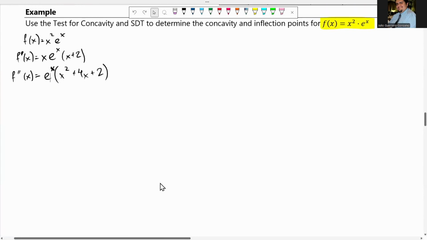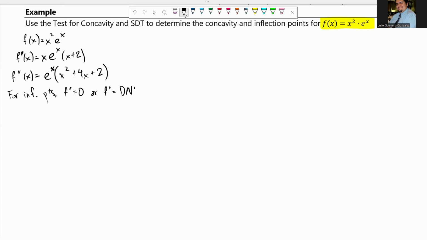Now, I need to determine where my inflection points are before we start doing concavity. So F double prime is equal to 0, or F double prime does not exist.